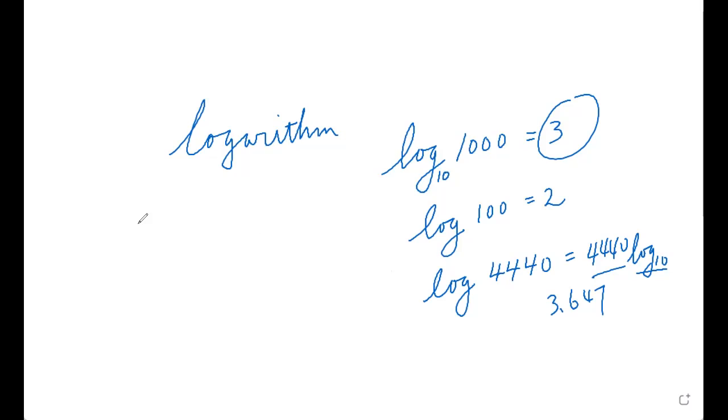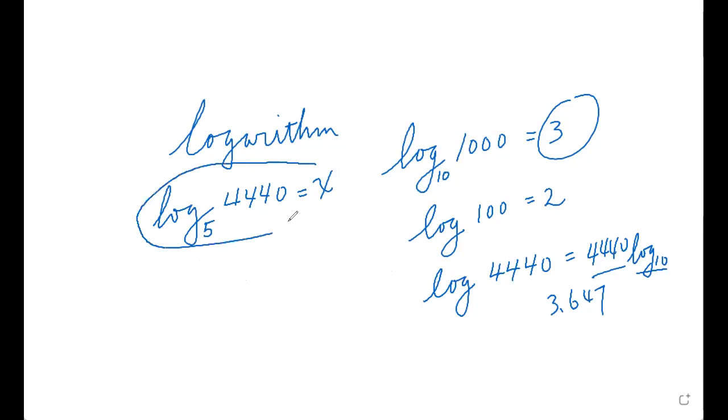Then we said, well, what about the log for this number? But instead of 10 base, we have a 5 base. Uh-oh. Now we're in trouble. All right, what is this x? Well, we're going to have to learn how to rewrite this as exponential form, which is 5 to the x power.